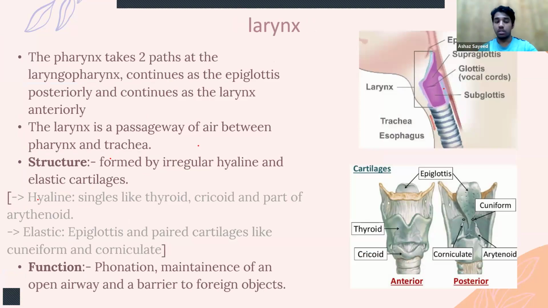So far, we talked about the pharynx and how the pharynx is a common meeting point of the nasal cavity, the oral cavity, the esophagus and trachea and all that. Now the larynx. You have the pharynx here and the trachea here, and this connection between them is going to be your larynx.